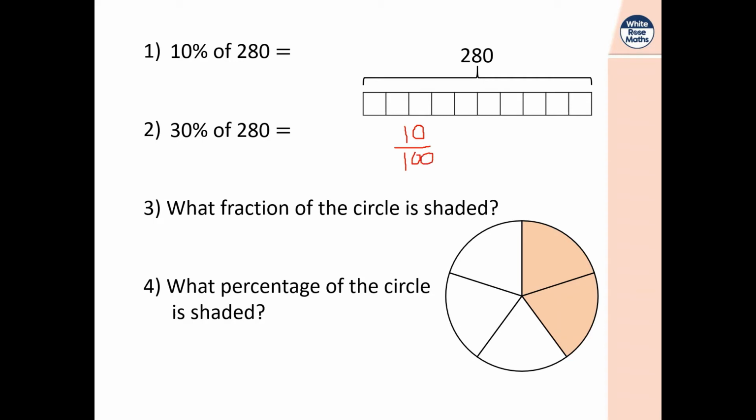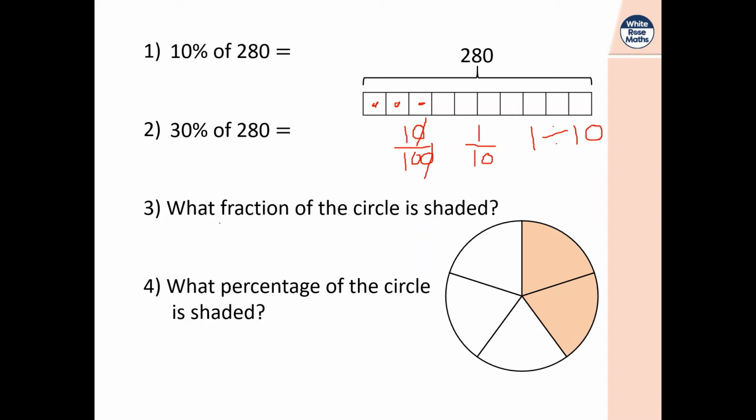And when we simplify that, that is 1/10. And remember that with fractions, it is division. That is 1 divided by 10. So 280 divided by 10 will give you 10%. Once you've found 10% of something, to find 30%, you need 3 lots of that 10%. 30% would be 3 of those. So see if you can work out how to do that.